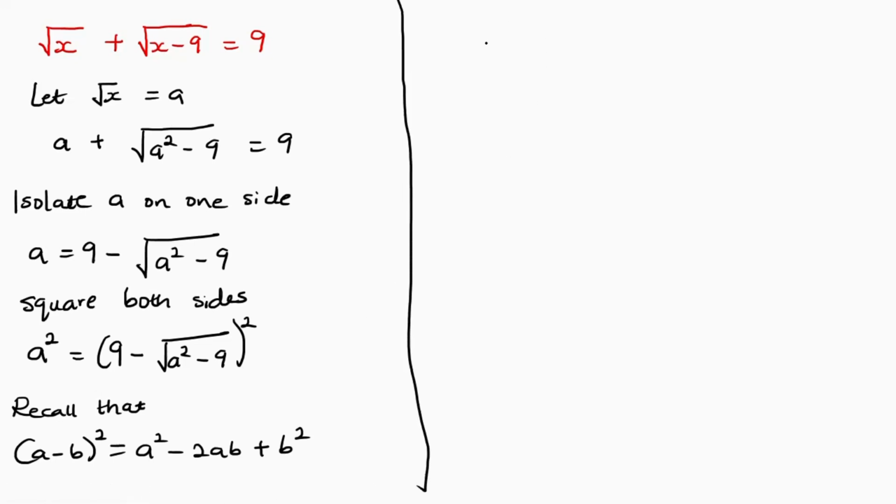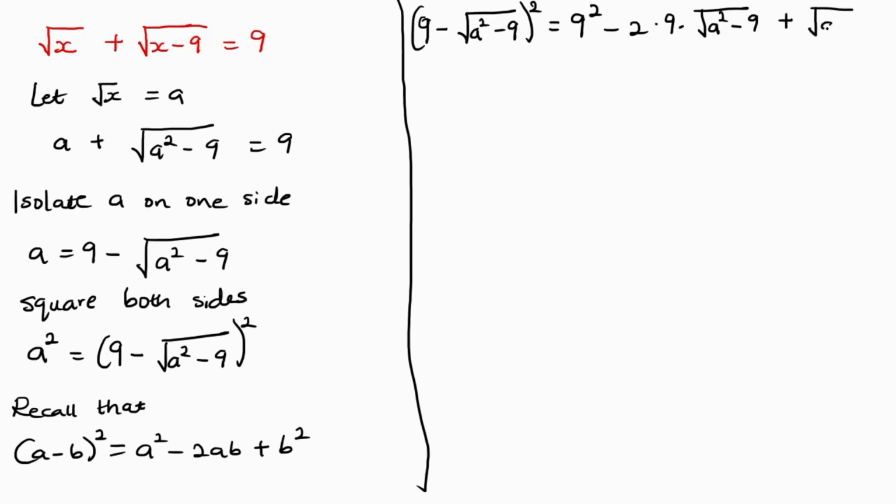Here a is 9 and b is the square root of a squared minus 9. So we have 9 squared minus 2 multiplied by 9 multiplied by the square root of a squared minus 9 plus b squared, which is the square root of a squared minus 9 all squared.